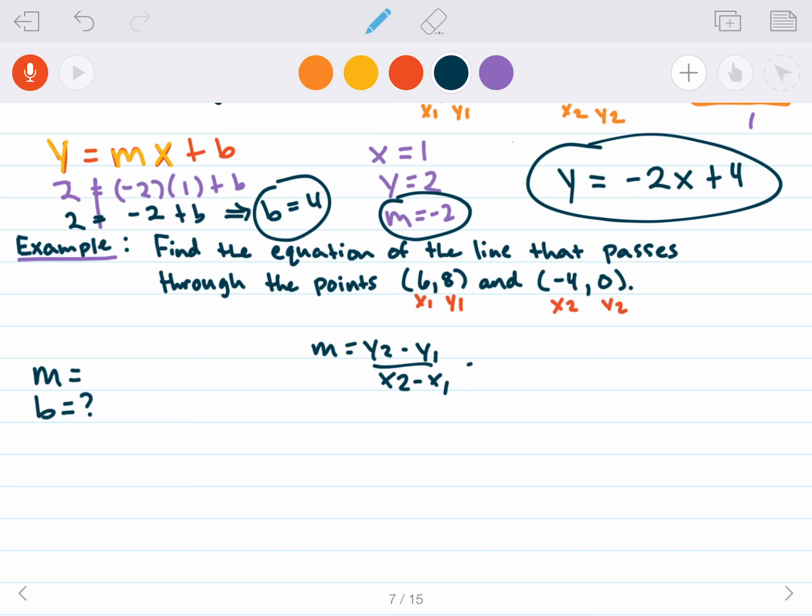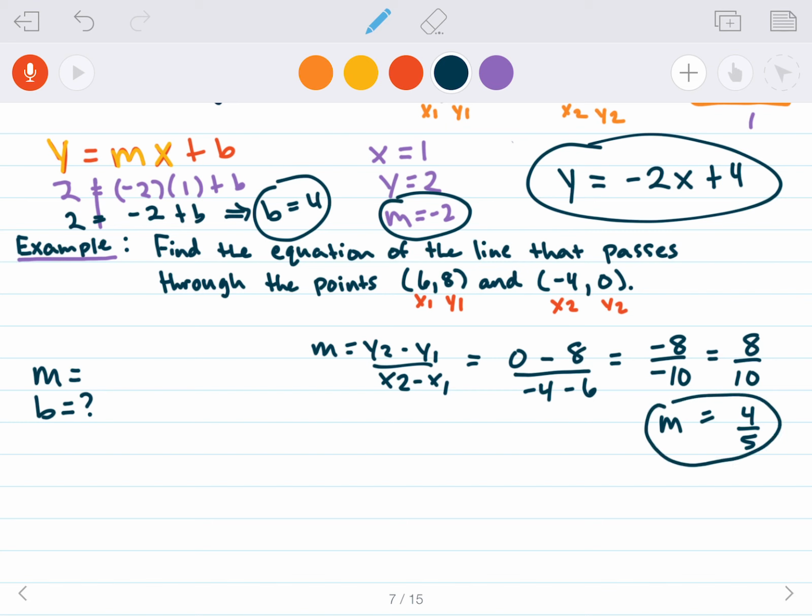So with that information, we have y2 is 0, minus y1 is 8, over x2 is negative 4, minus x1 is 6. Simplifying the top, we get negative 8. Simplifying the bottom, we get negative 10. Double negatives become a positive when divided. And finally, I can divide top and bottom by 2 to give me a simplified slope of 4 over 5. So we have that piece taken care of.